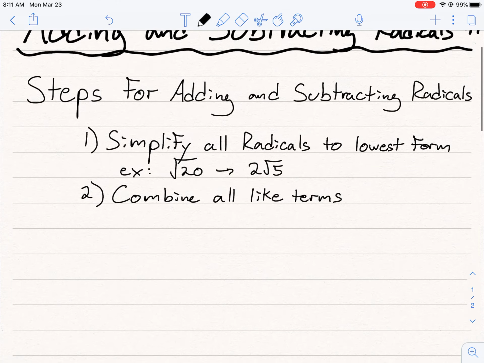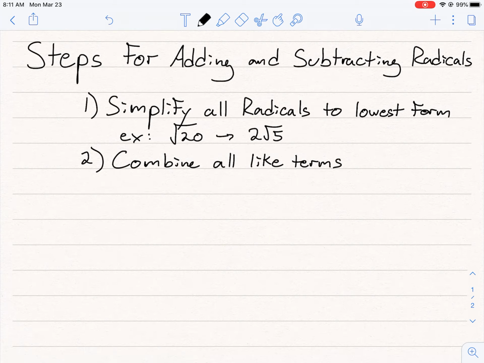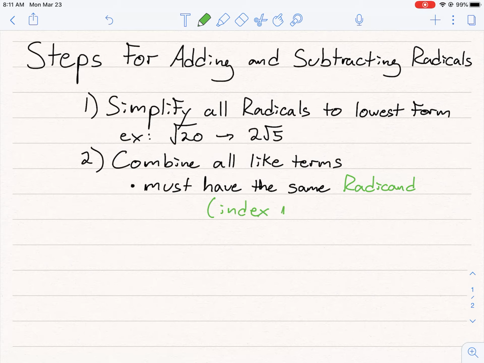And what we mean by like terms when we're referring to radicals is that they must have the same radicand. I'm going to switch this color to green because that's what we've been using: radicand, or that's the index and insides.